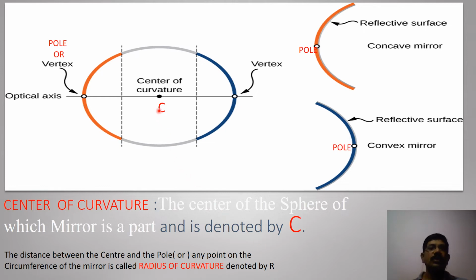So PC, the distance between the pole and the center of curvature, is the radius of curvature.